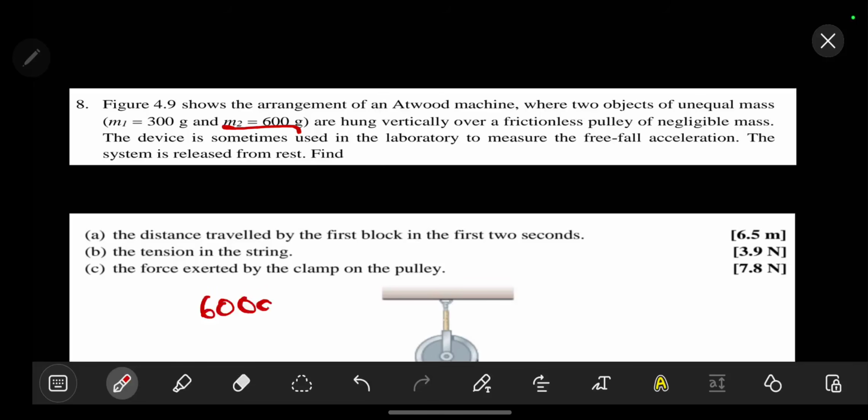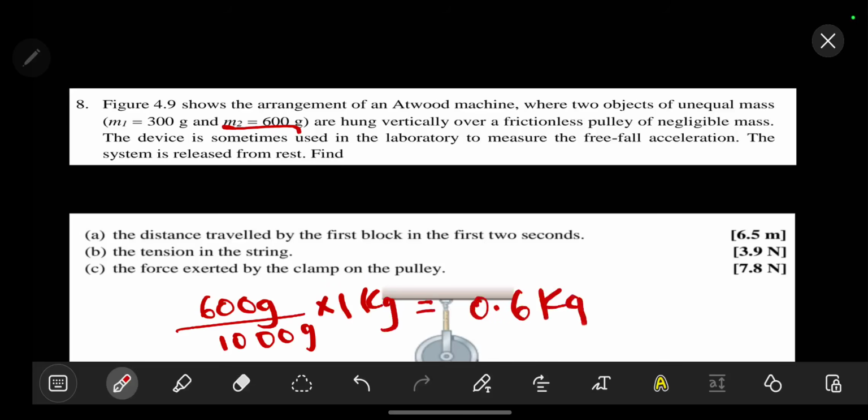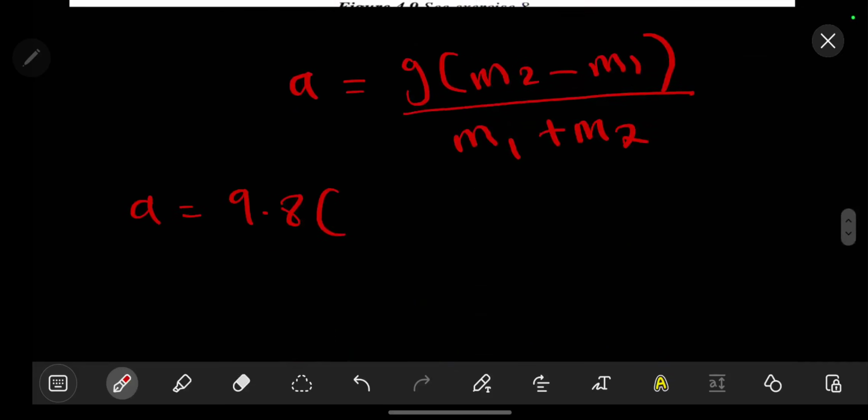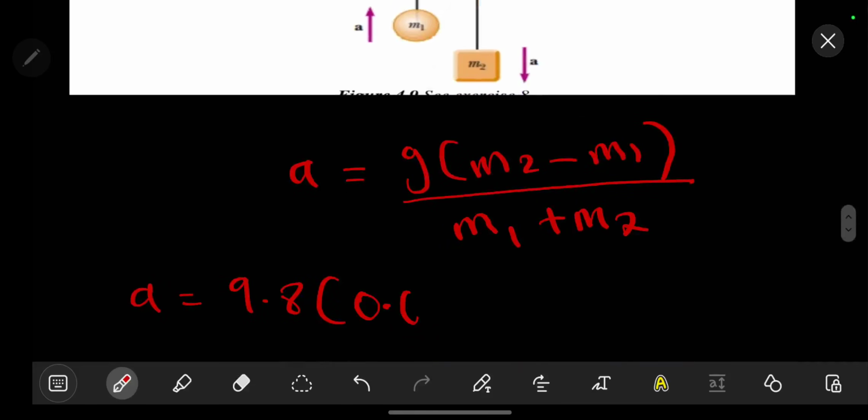We divide this by 1000 to convert it to kg, which gives 0.6 kg. That means M1 will be equal to 0.3 kg, doing the same approach, just divide by 1000. So we get 0.6 kg minus our 0.3 kg.